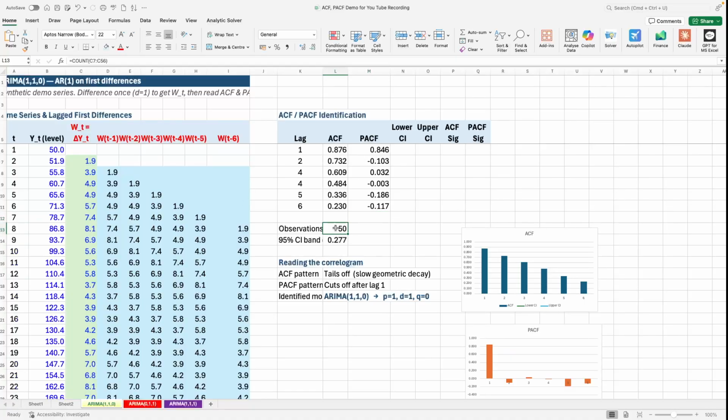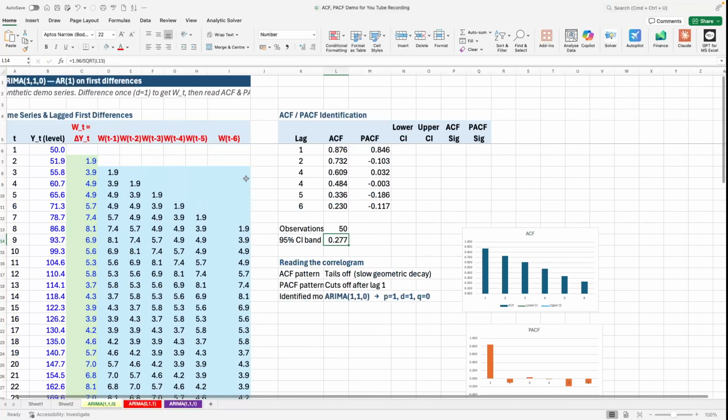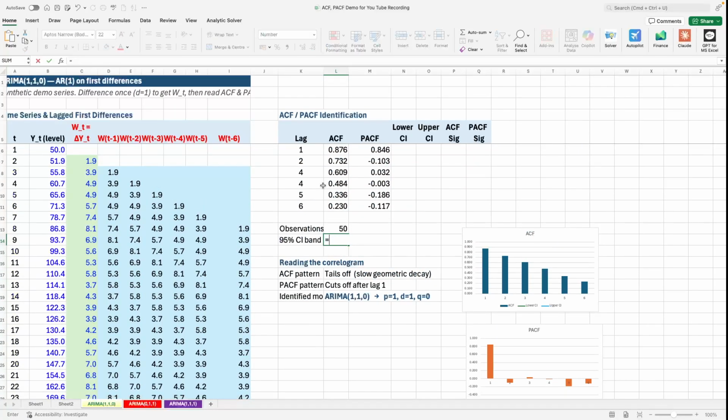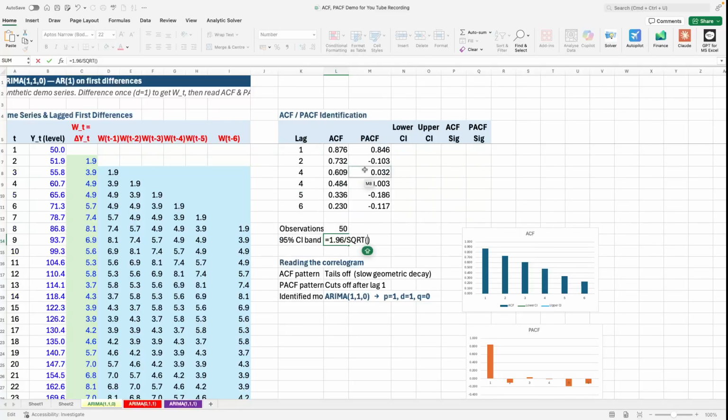Now how do you calculate the cutoff? First we'll take the count of the difference variable. Then the band is nothing but 1.96 divided by the square root of n. So this is your cutoff.